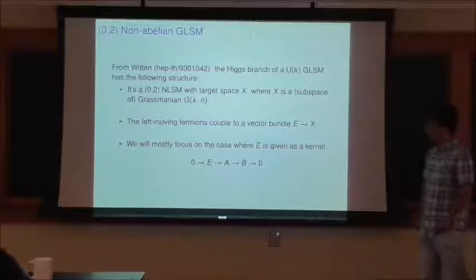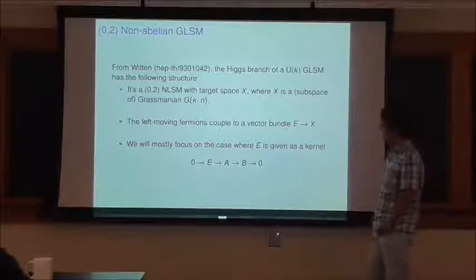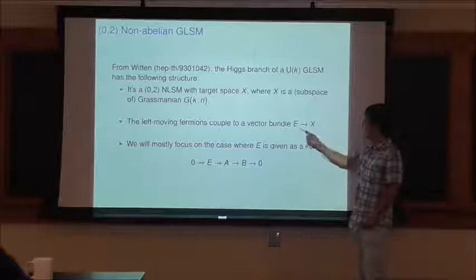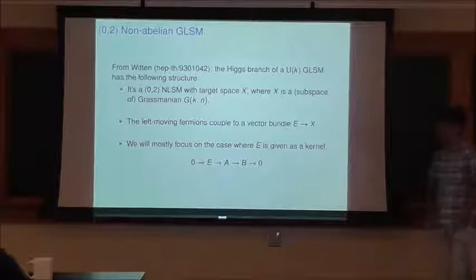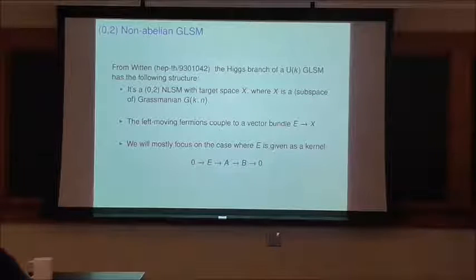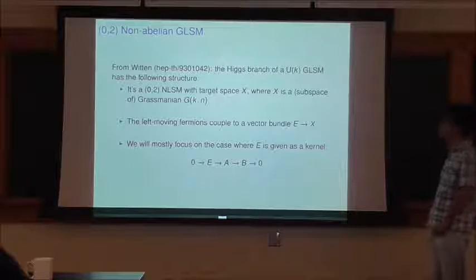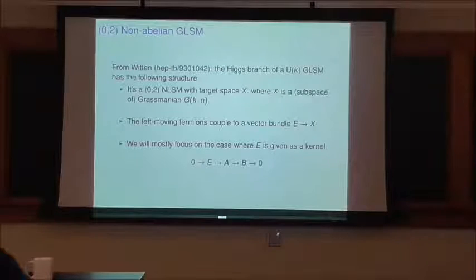And because there are (0,2), you also have the additional data, which is a holomorphic vector bundle over that base space. And in heterotic string compactification, this is usually called a gauge bundle. And physicists say that the left-moving fermions couple to this vector bundle, which basically means there are sections of this bundle, fermionic sections.